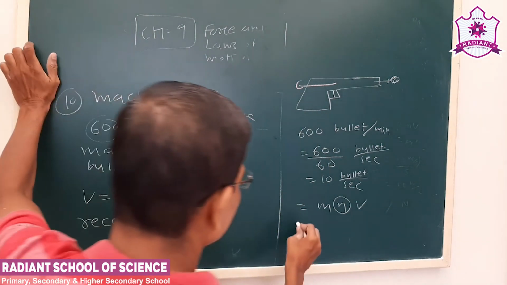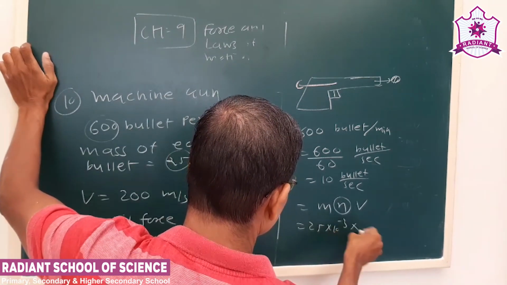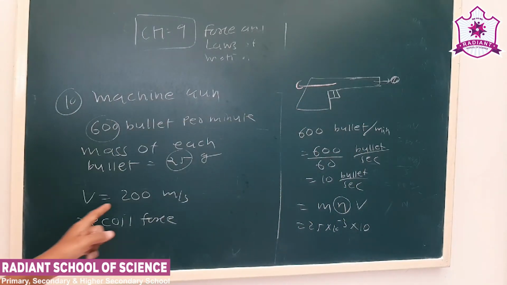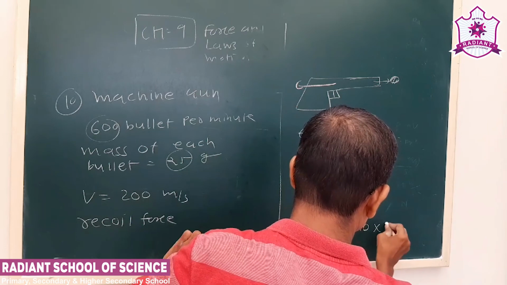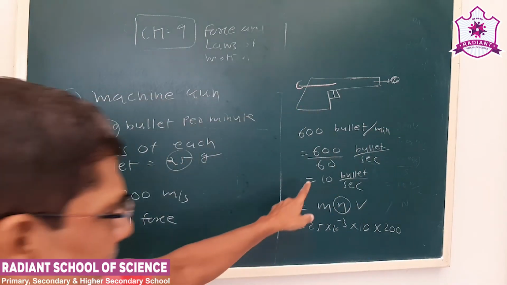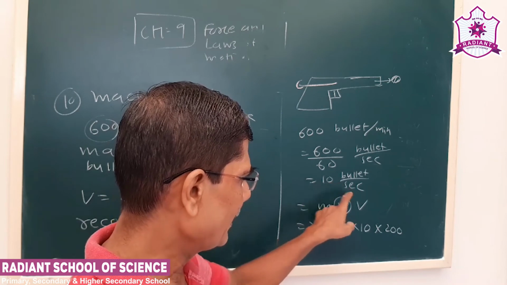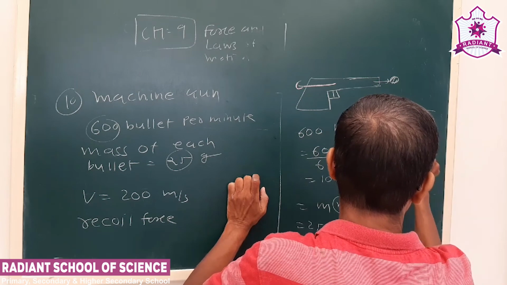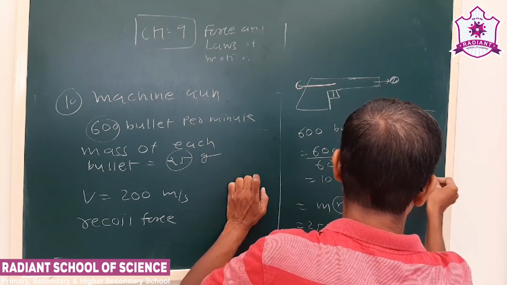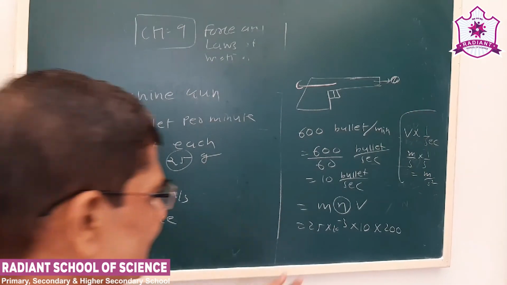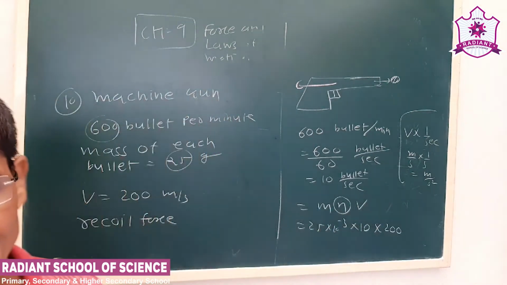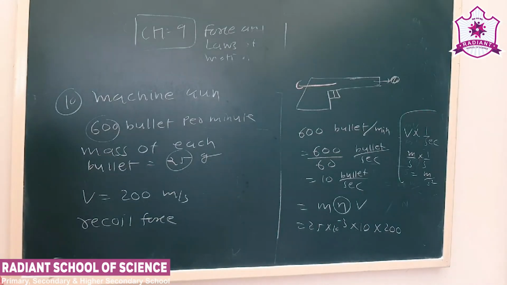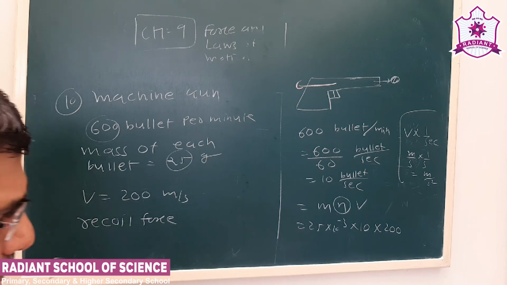Mass is 25 gram, and velocity is 200. Now see, this n has a unit of 1 upon second. Then meter per second square is acceleration, and multiplied by mass it is ma, which will give the force. So this is how we can simply remember the formula.